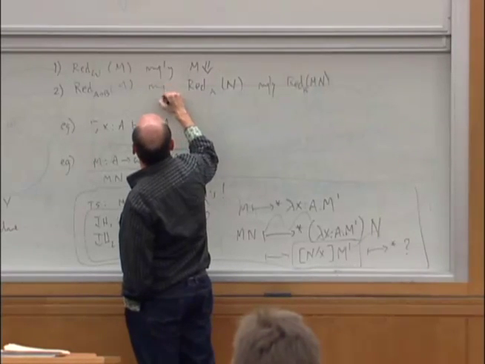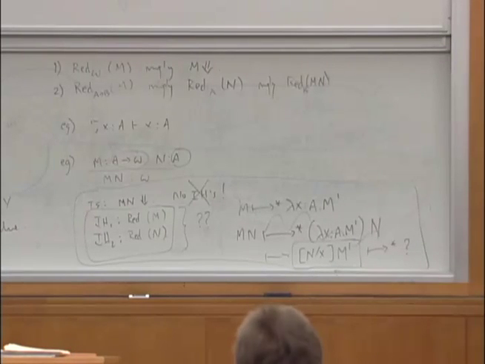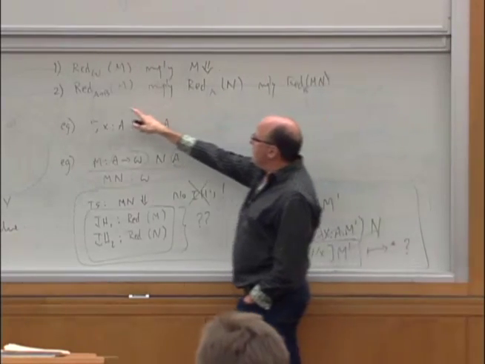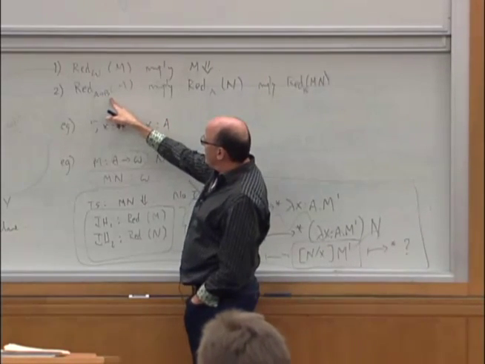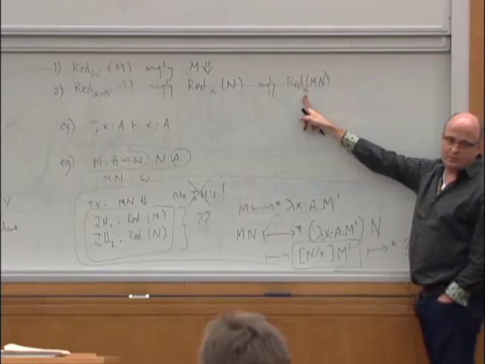So let's make sure this is the condition we need, and then I'll tell you what the definition is. This is going to be helpful to us exactly because reducibility at a complex type is explained in terms of reducibility at its constituent types.